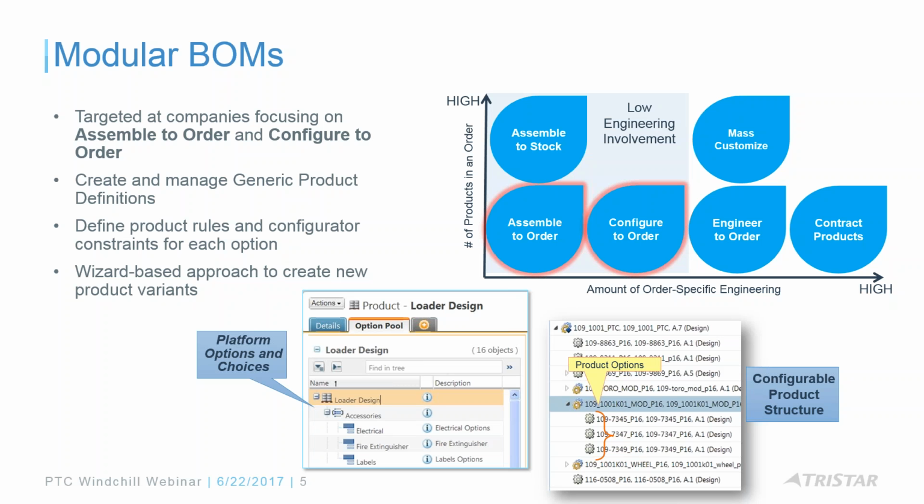In Windchill, I can essentially create an overloaded BOM, which means I can put in a generic BOM with options that a user can configure. And depending on the type of configuration that you're doing, Windchill, through its options and variants functionality, or modularity, will be able to give the user the ability to assemble a new variant of that BOM.